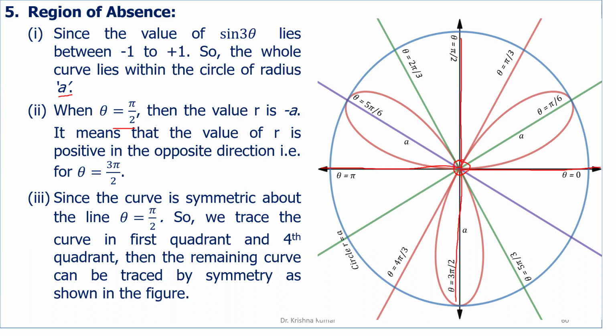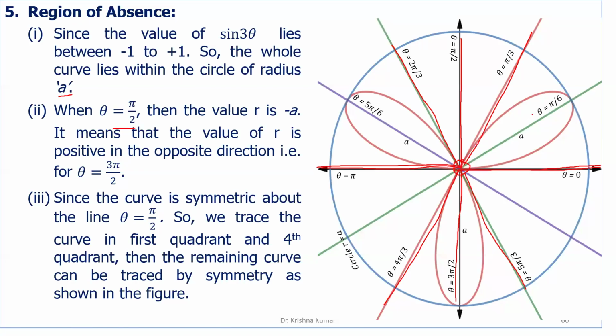The first tangent is theta equal to 0, then theta equal to pi by 3, theta equal to 2 pi by 3, theta equal to pi, theta equal to 4 pi by 3, and theta equal to 5 pi by 3. These are the 6 tangents. Now the question is where the loops are.